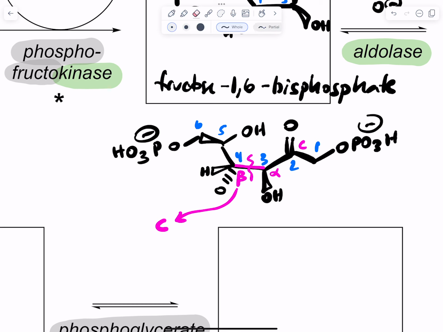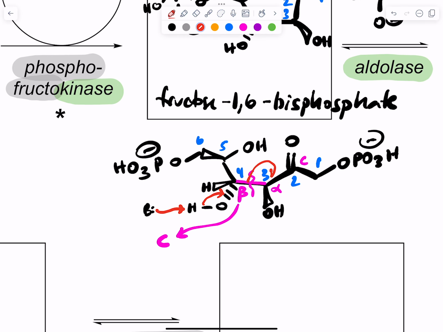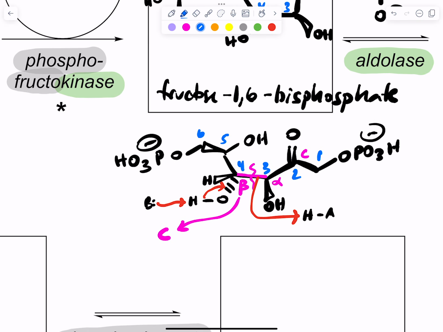And the way that happens is a base removes the proton, electrons kick down, and then the enolate leaving group leaves. And if you want, you can show that enolate leaving group getting protonated as it's leaving. This carbon, carbon 4, becomes the carbonyl carbon. This oxygen, on carbon 1, becomes the carbonyl oxygen on carbon 4.